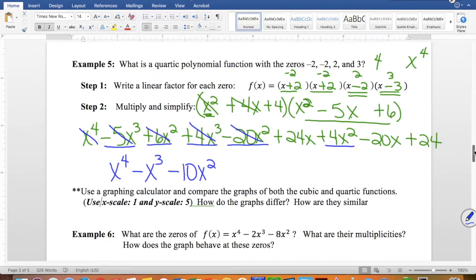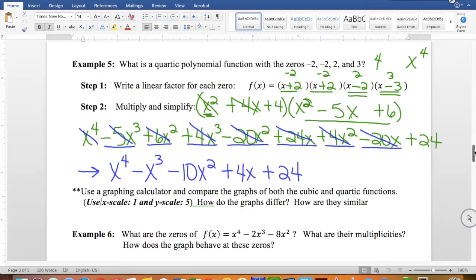Done with those. +24x and -20x. Well, +24 and -20 is +4x. Done with those. And then I only have one constant, so I end with +24. We are done. And we came up with a quartic polynomial, a leading degree of 4.